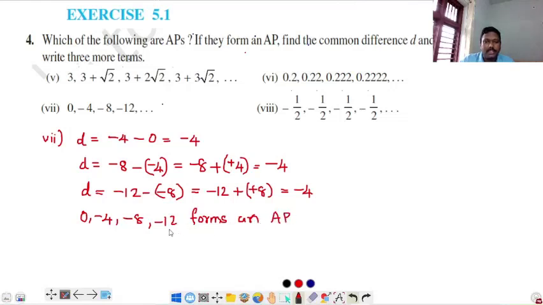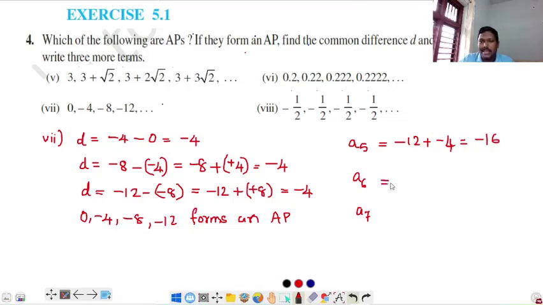Now we have to find the next three terms, A5, A6 and A7. A5 is equal to the fourth term, minus 12, plus the common difference minus 4, so we will get minus 16.